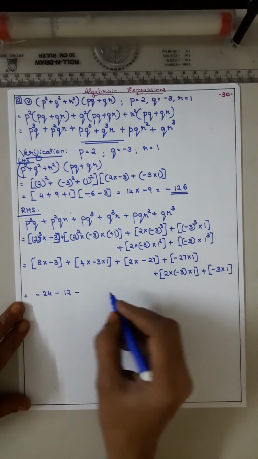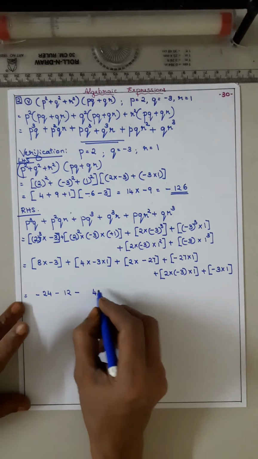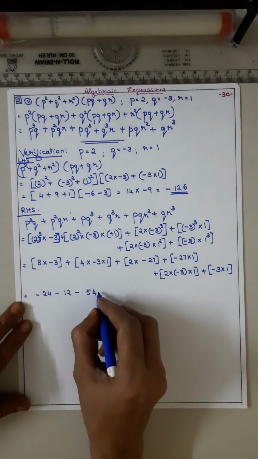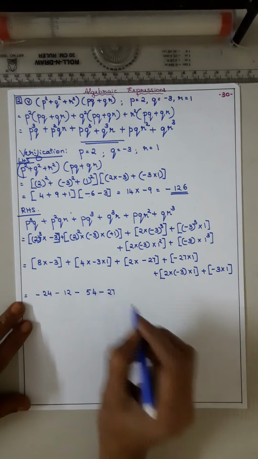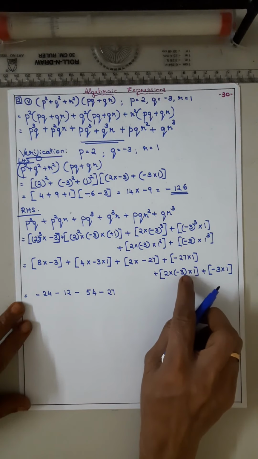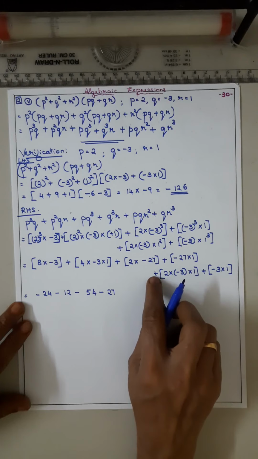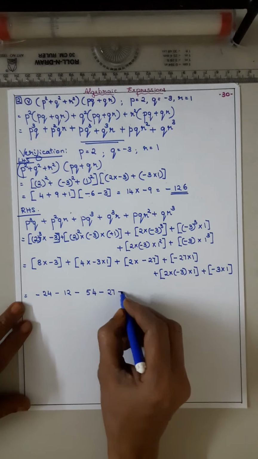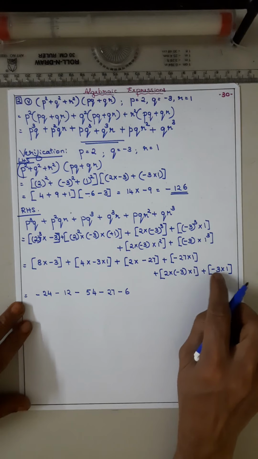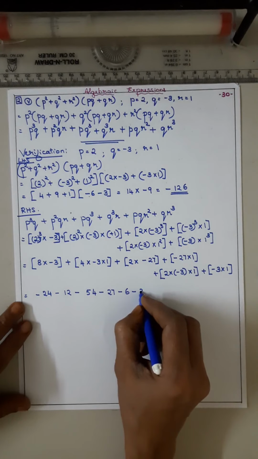Now 2 7s are 14, 2 2s are 4 plus 1, 5. Here again it will be minus 27. Now here 1 minus means full, it will be minus, and this is plus means minus. 2 3s are 6. Now here plus of minus, minus 3.